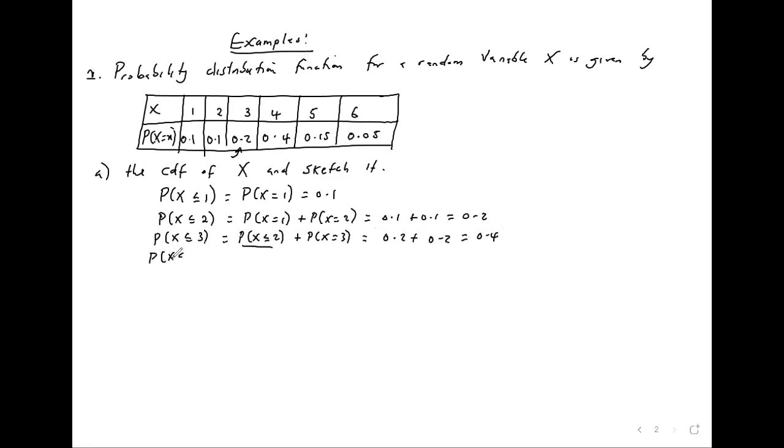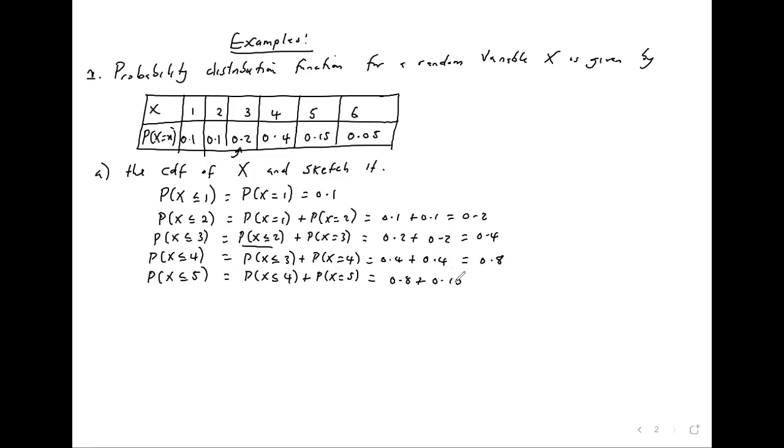Then the probability that X is less or equal to 4 is the same as the probability X is less or equal to 3 plus the probability X is equal to 4. This will be 0.4 plus 0.4, which is 0.8. Then the probability X is less or equal to 5 is the probability X is less or equal to 4 plus the probability X is equal to 5, which is 0.8 plus 0.15, giving us 0.95.